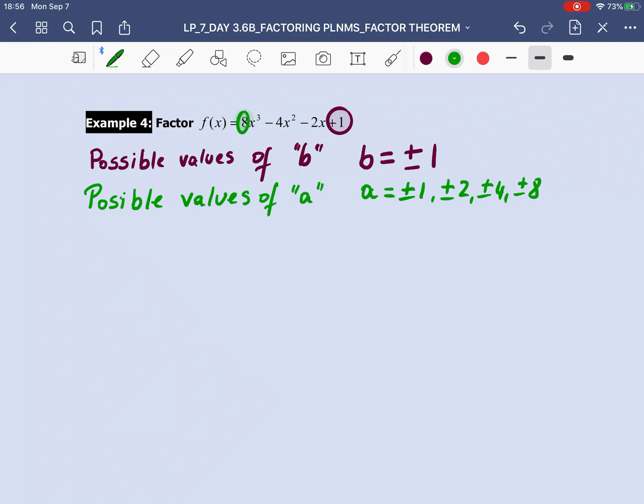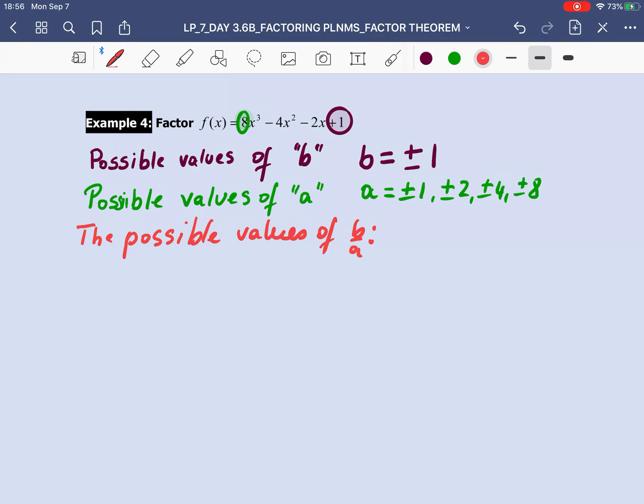So the possible values of b over a are... And here we have a lot of work to do, as a matter of fact.